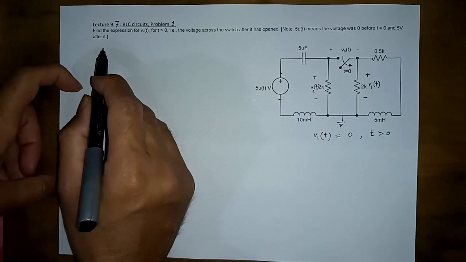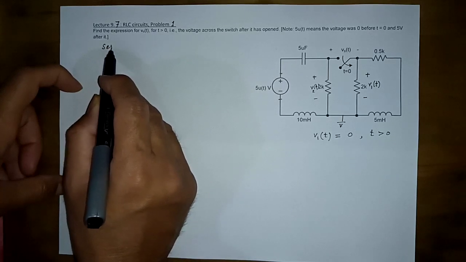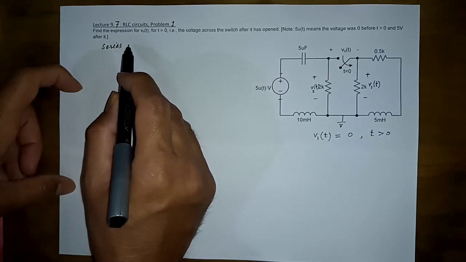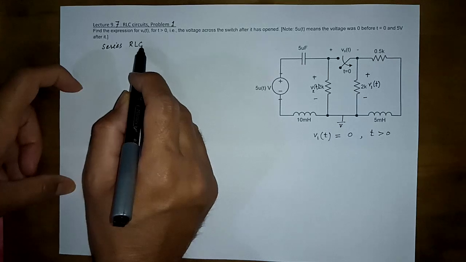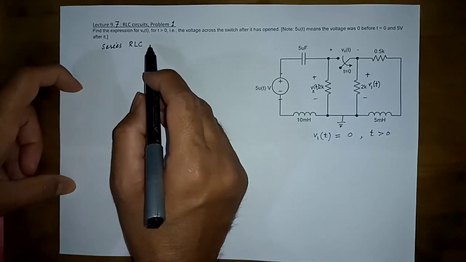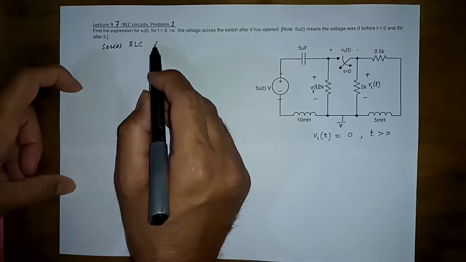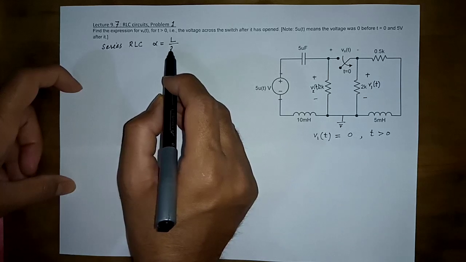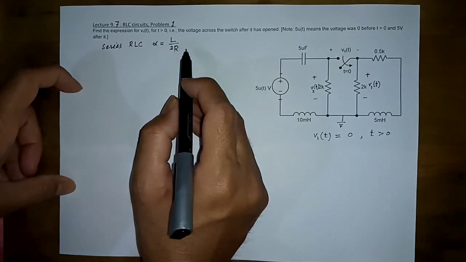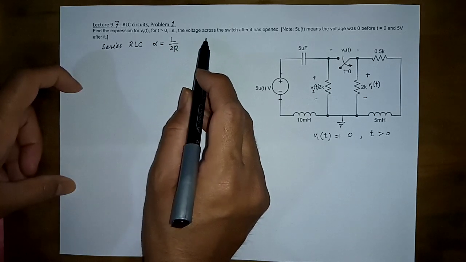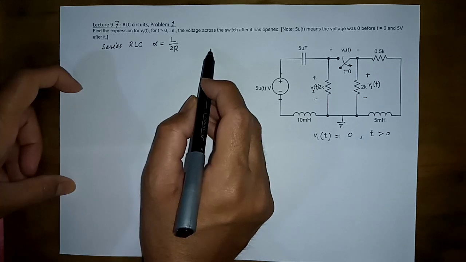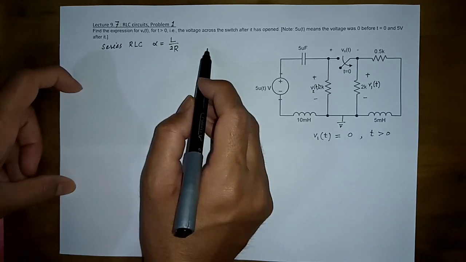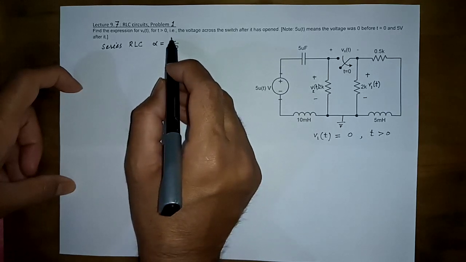For a series RLC circuit, what is different that we need to remember in comparison to a parallel RLC circuit is the alpha. The alpha here is R over 2L. Remember, for the case of a parallel RLC circuit, alpha is 1 over 2RC, but C is replaced by L. So I think it is R over, sorry.